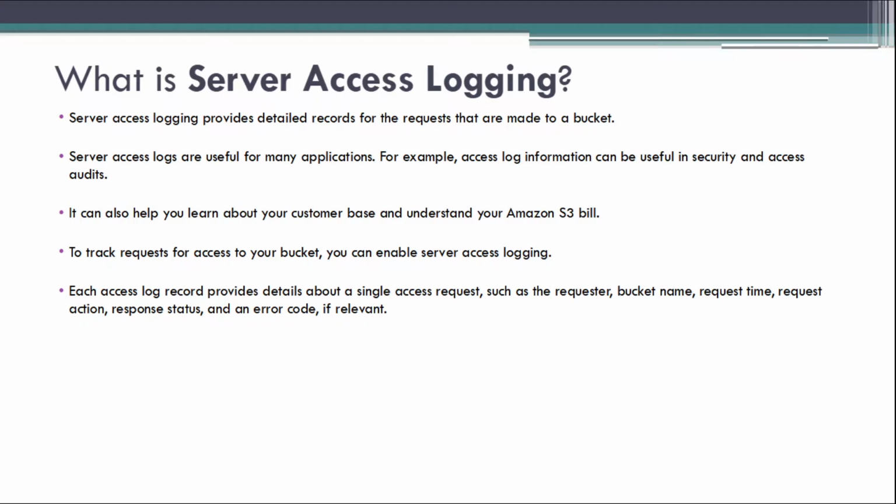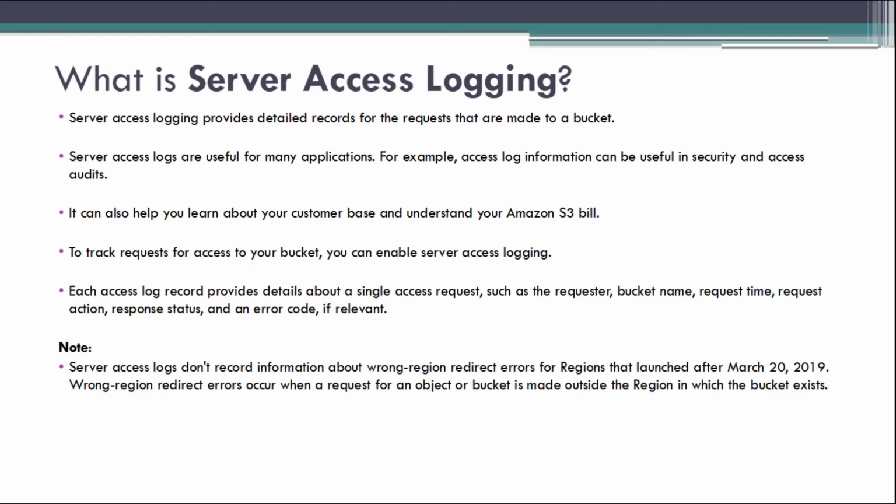This will be helpful for debugging, for tracking, for audit purposes, for security reasons, and to understand your request pattern. So you can enable this feature and get the benefit.